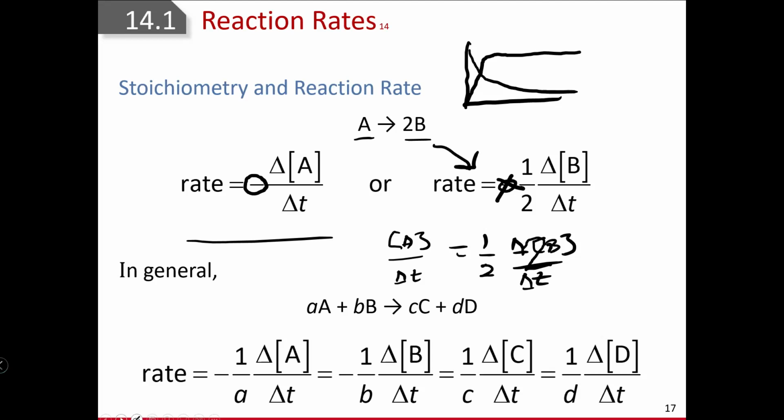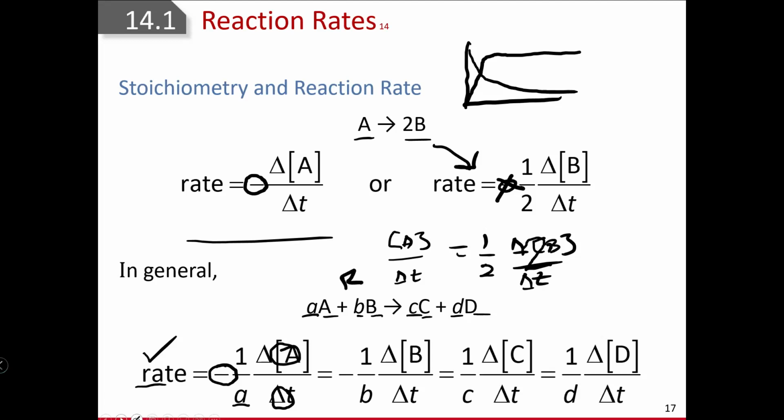Okay, so in general, if you have moles of A, moles of B, moles of C formed, and moles of D formed, you can write the overall rate, or the rate of reaction, as follows. It is 1 over the moles of A in our balanced chemical equation times the concentration change of A over change in time. And again, we have to have a correction factor here of negative because A is a reactant.